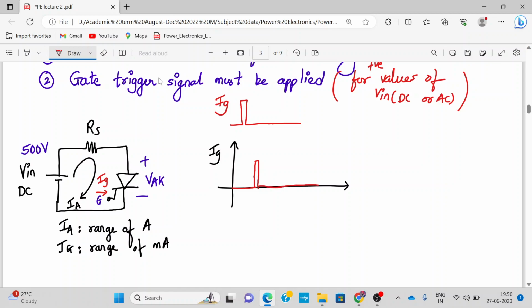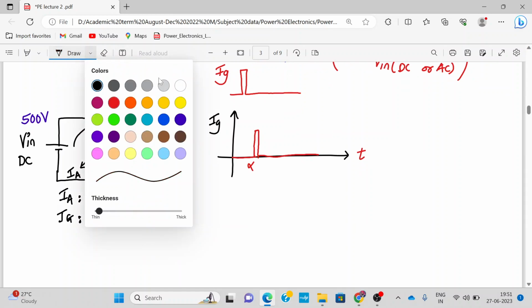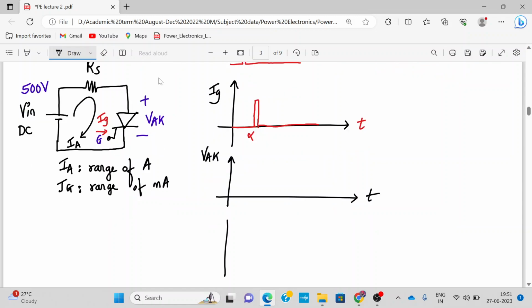Let that delay be called alpha. And this is time. You can consider alpha as a few seconds also. Now our task is to plot the voltage across the SCR, that is VAK, and the current flowing in the circuit, that is IA.